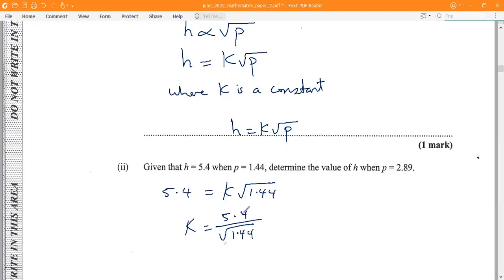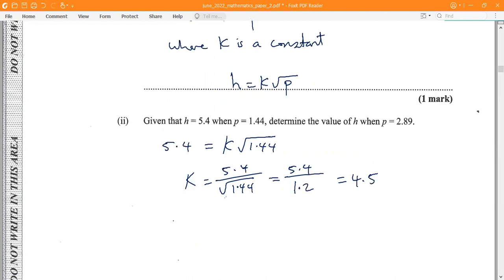So 5.4 divided by the square root of 1.44, which is 1.2. 5.4 divided by 1.2 is 4.5. So we have the value of k, 4.5.